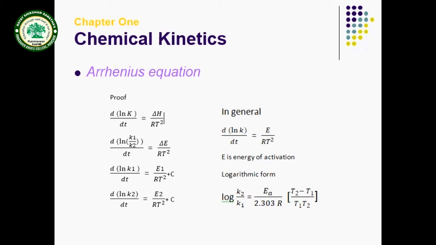So we write this equation in the form as integration of d ln k from k1 to k2 equal to integration of E upon RT square into dT. Okay, so we shift this form of the equation and integrate, and we can obtain this form of equation.